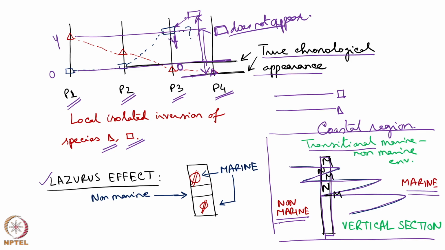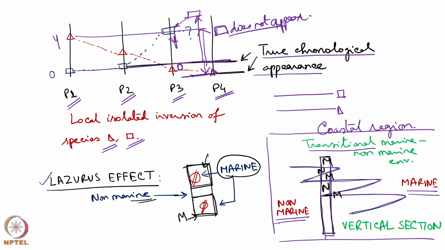Now imagine there is a certain kind of species that can stay only in a marine environment. When the rock is marine, it got deposited. When it is non-marine, the species was not there, and again when there was a marine deposition, the species reappears.